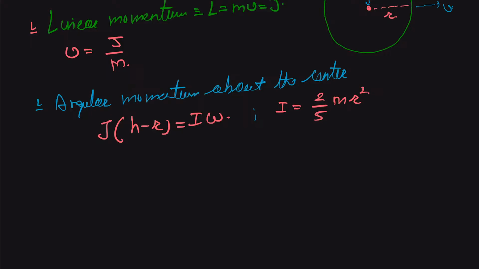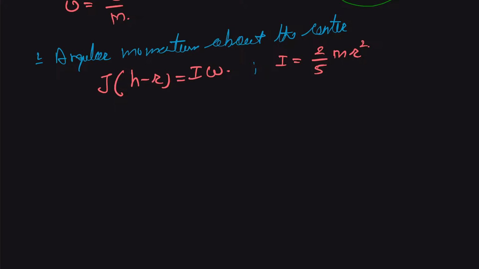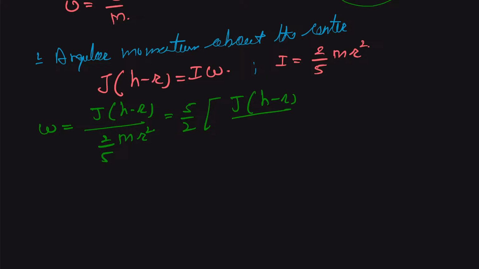And we can rewrite the equation in terms of omega: omega will be equal to J times (h minus R), and we have this value of I as 2 upon 5 mr square, which can be written as 5 by 2, and we have J times (h minus R) divided by mr square.